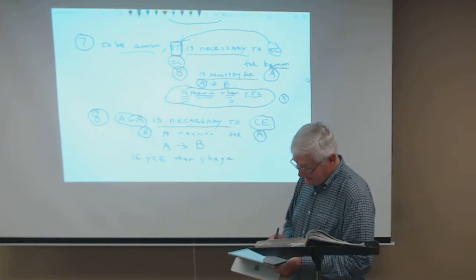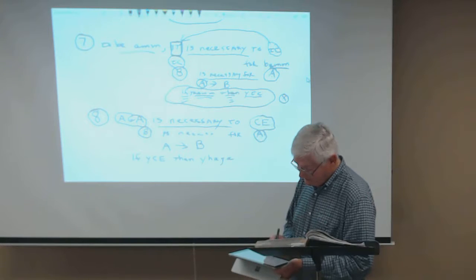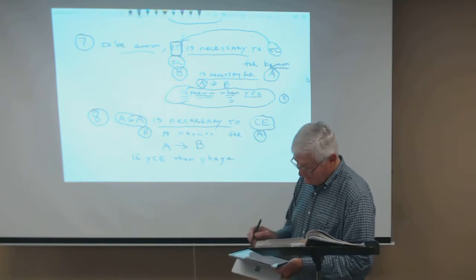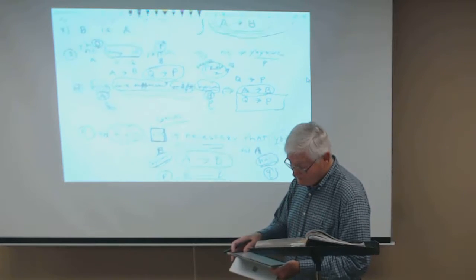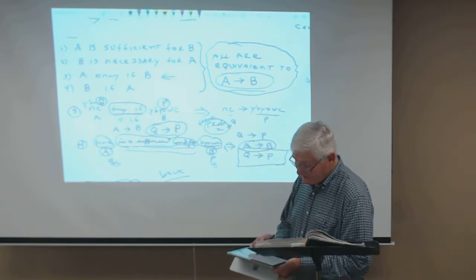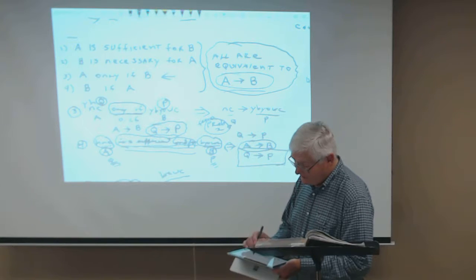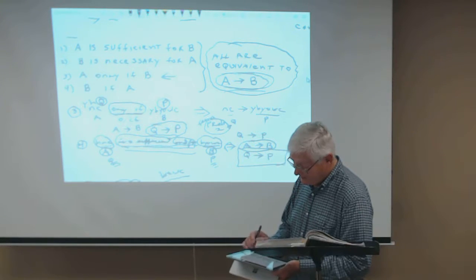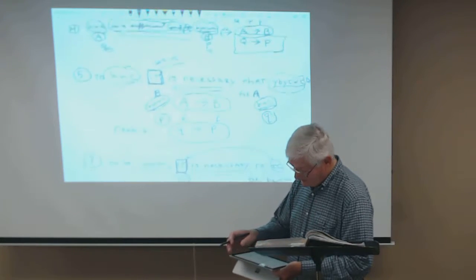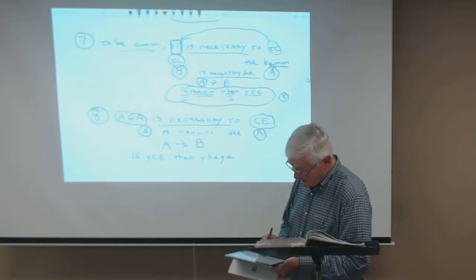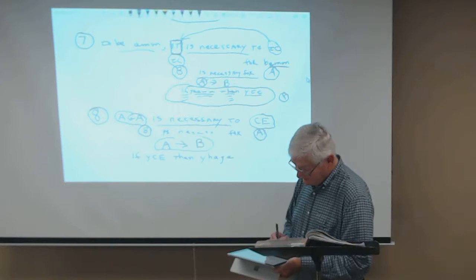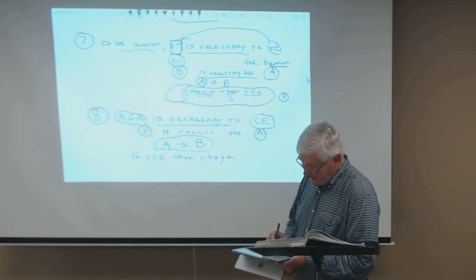And how do I translate that to if-then? Go back and look at the chart. B is necessary for A is equivalent to if A then B. So I come down here and put if A then B. So what's A?